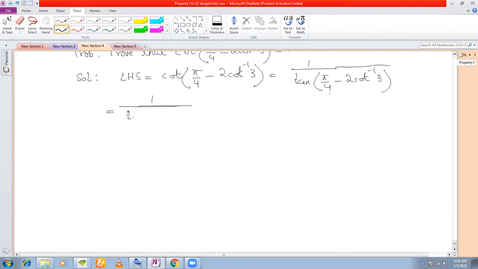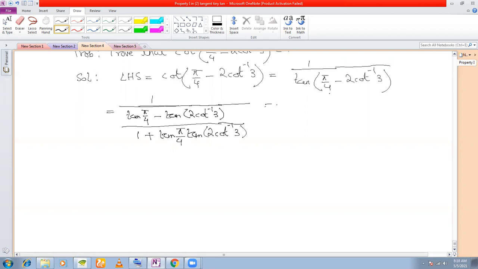We have tan pi by 4 minus tan, what is the angle here? 2 cot inverse 3 is the angle. Divided by 1 plus tan pi by 4 tan 2 cot inverse 3.